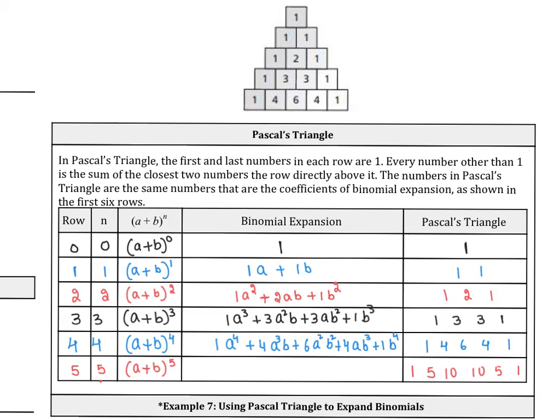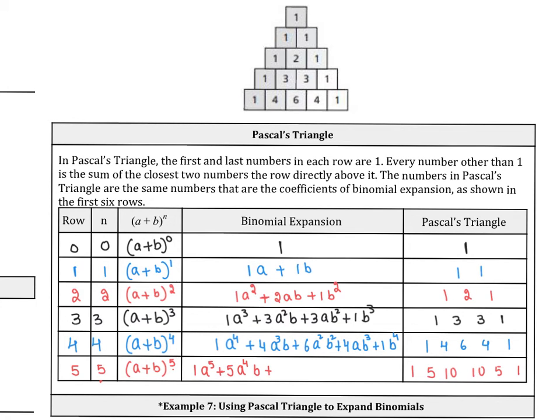These are the coefficients of the binomial expansion. Start with the 1, and a to the highest power, 5. Now the next coefficient is going to be 5, so 5a to the power 4, and b to the power 1.